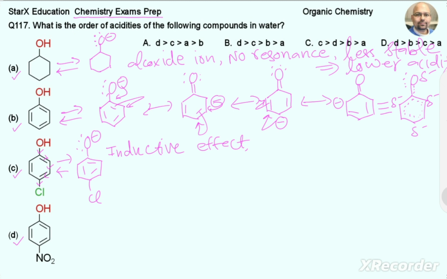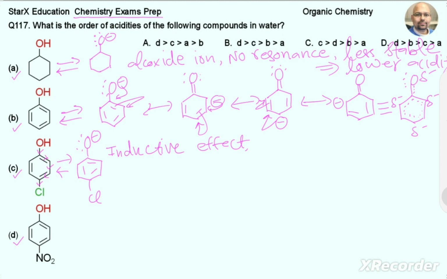All the halogen atoms take electrons by their inductive effect, and their inductive effect is in fact stronger than their resonance effect or mesomeric effect. So that's the reason that para-chlorophenol is more acidic than phenol.